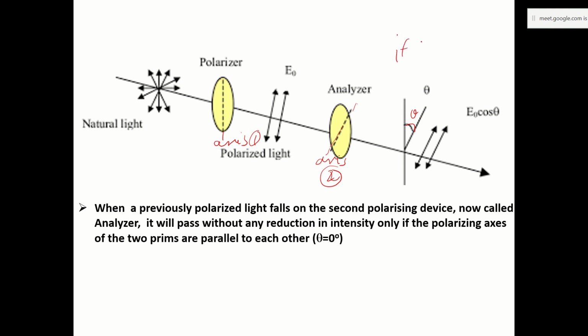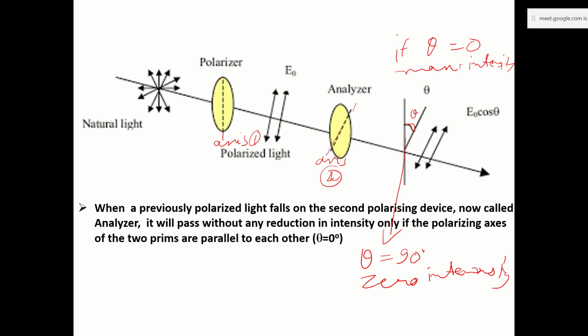If theta is 0 in this case, maximum intensity would be there, and as you change the theta, the relative intensity of the light that has been polarized, वो polarized light का intensity कम होता जाता है. और if theta is 90 degree, तो अगर perfectly polarization हो गया है तो zero intensity, no light will pass, क्योंकि अब उस डायरेक्शन में उसका कोई कंपोनेंट बचा ही नहीं है, there is no component lying along the axis of analyzer.